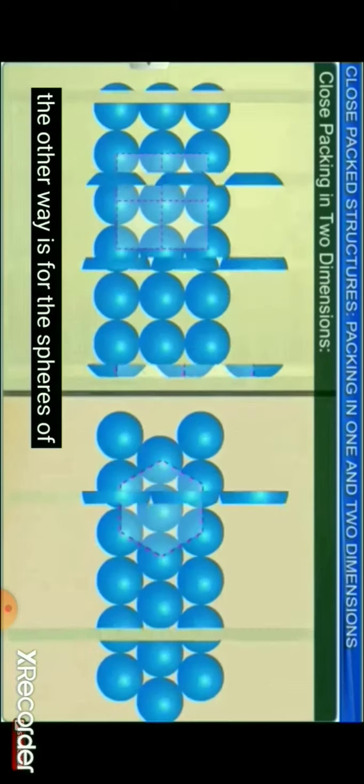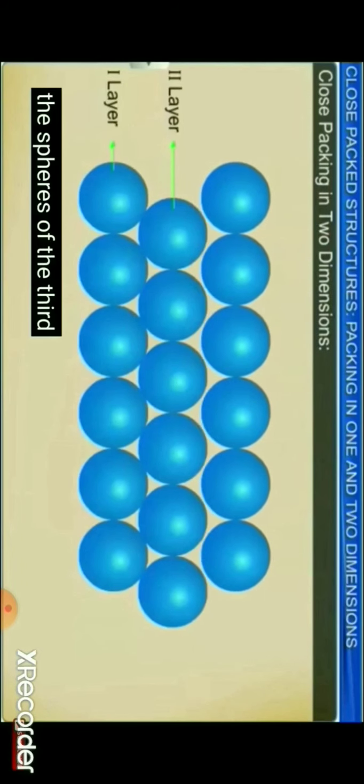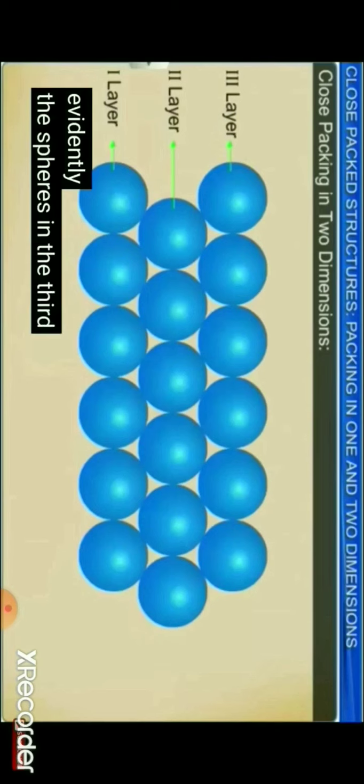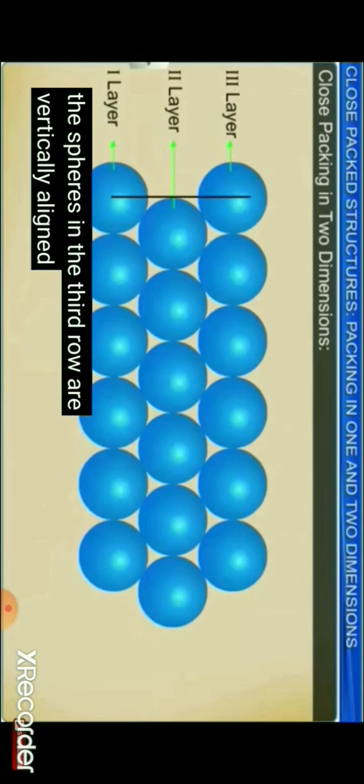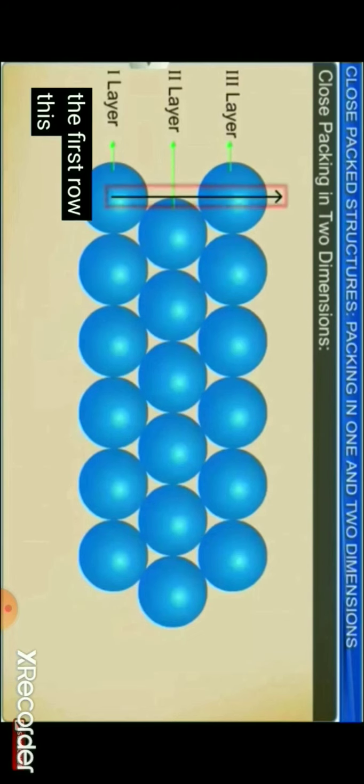The other way is for the spheres of the second row to be seated on the first row in a staggered manner, that is, in the depressions of the first layer. The spheres of the third layer are placed in the depressions of the second layer and so on. The spheres in the third row are vertically aligned with the spheres in the first row.